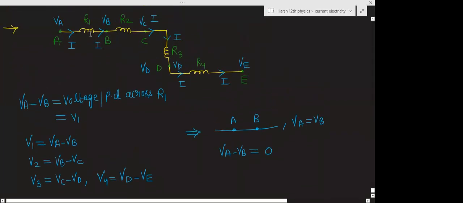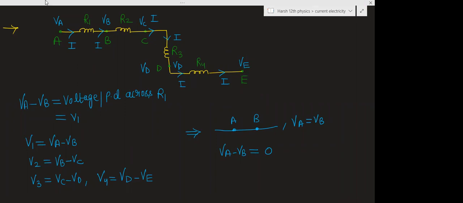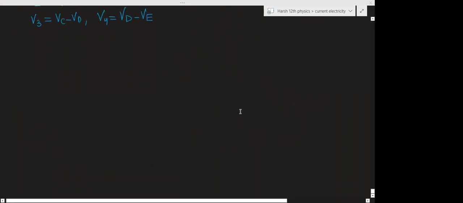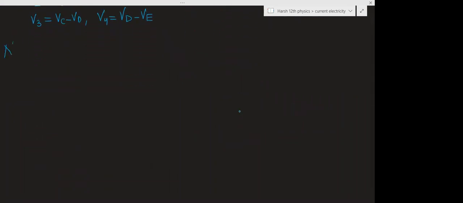But you should remember all these things. Current divides due to branching, and voltage divides due to resistors or capacitors in the path. I am telling you some basics.